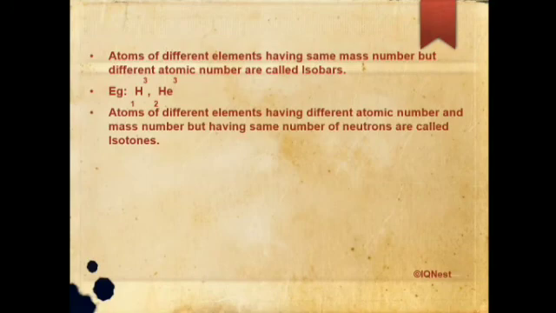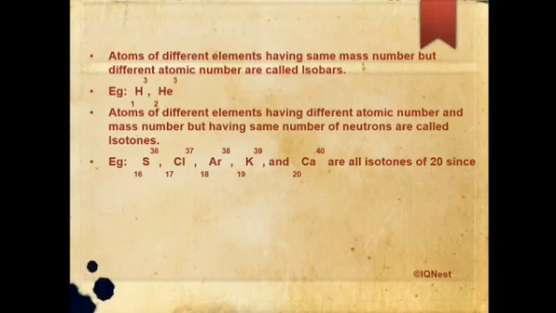The next is atoms of different elements having different atomic number and mass number but having the same number of neutrons, called isotones. For example, 16S36, 17Cl37, 18Ar38, 19K39 and 20Ca40.